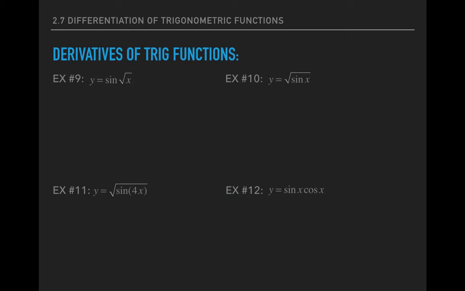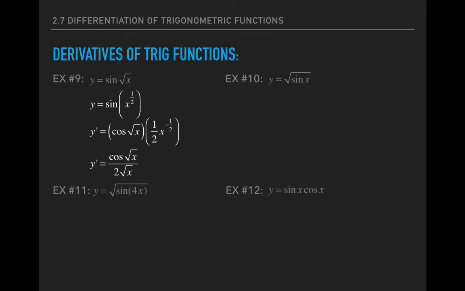Again, I would encourage you to rewrite this. This is really sine of x to the 1/2 power, which is going to be an application of your chain rule. You take the derivative of the outside, the derivative of sine, which is cosine, and then keep that inside function, and then take the derivative of that inside function of x to the 1/2 power, and it is 1/2 x to the negative 1/2 power.